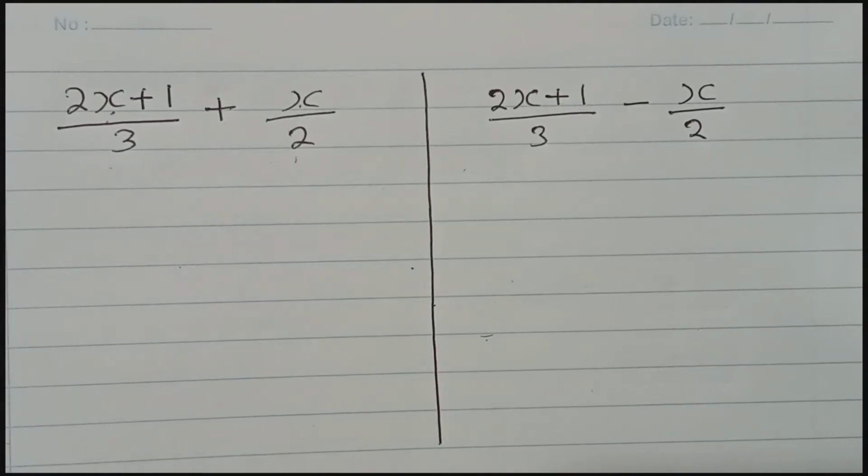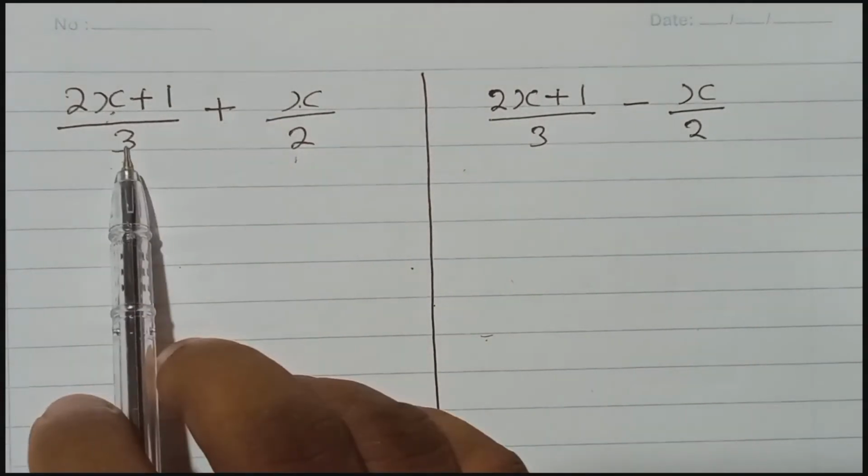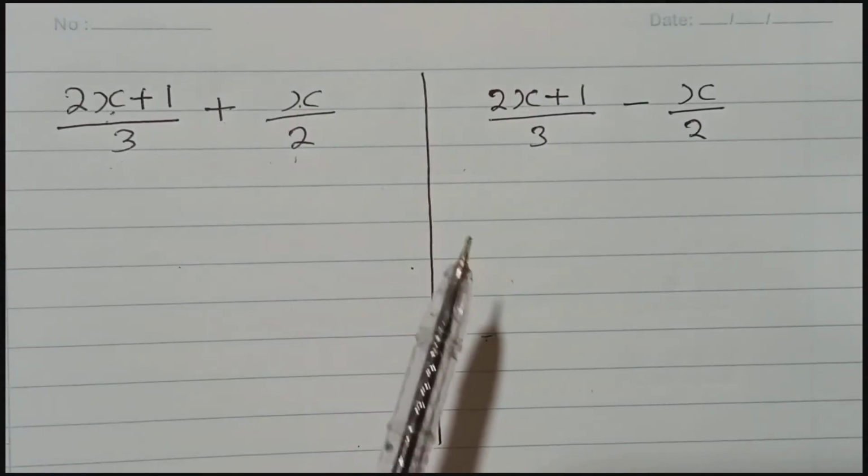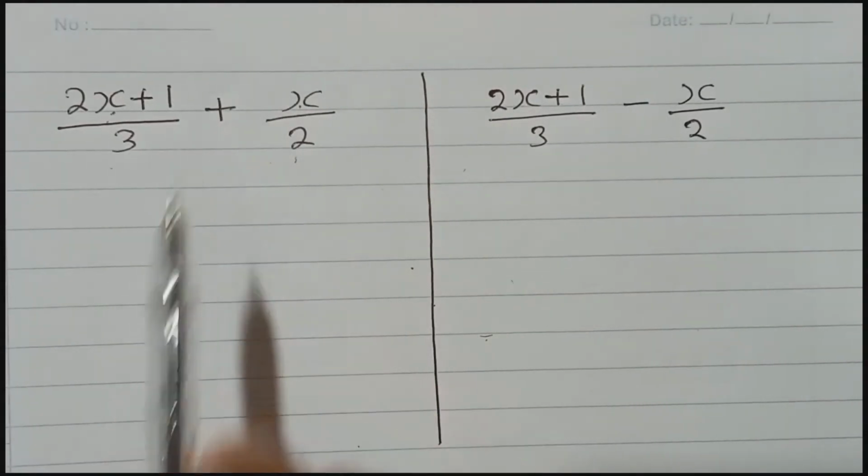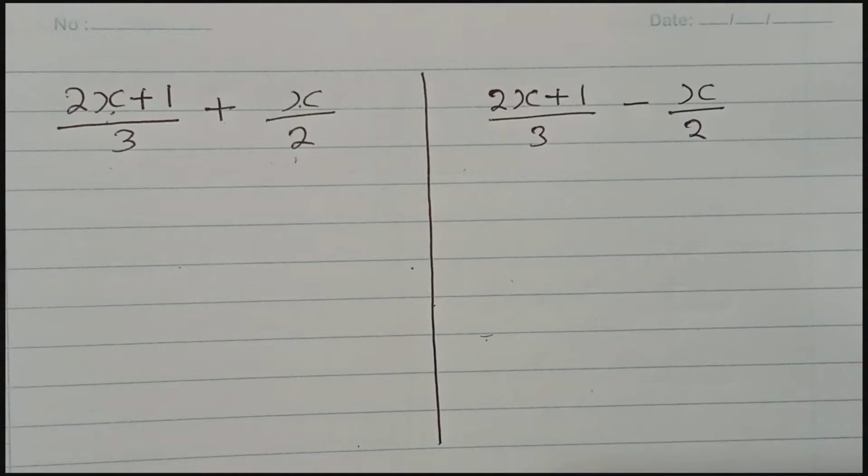There are some other methods also, like making the LCM, but I will show you how to make the same denominator, right? Then when you have algebraic fractions with a multiply or divide sign between them, that means you have to multiply the two fractions or divide. Then we do not use this method. We don't need to make the same denominator, right?